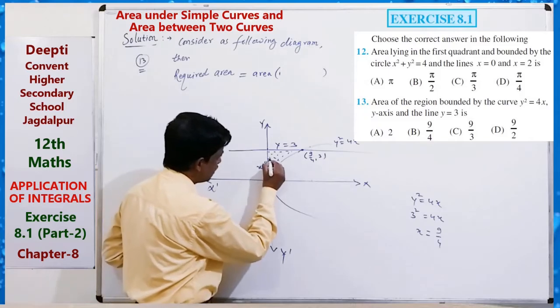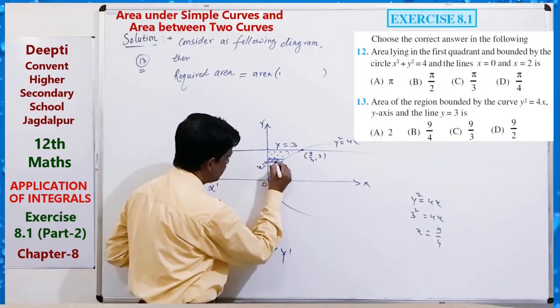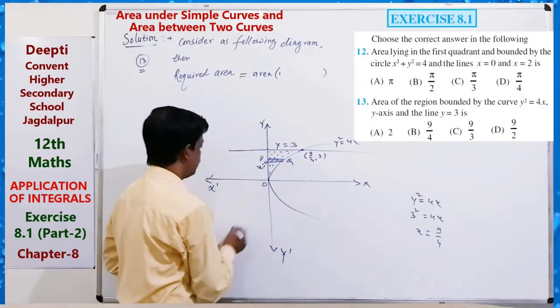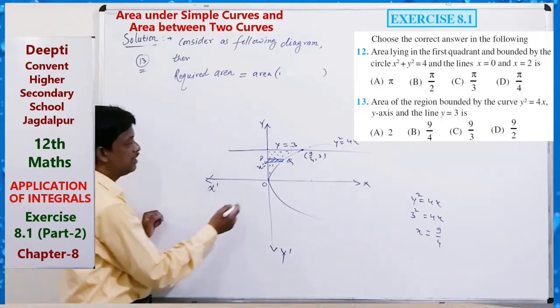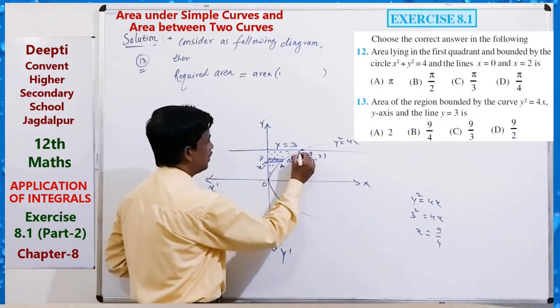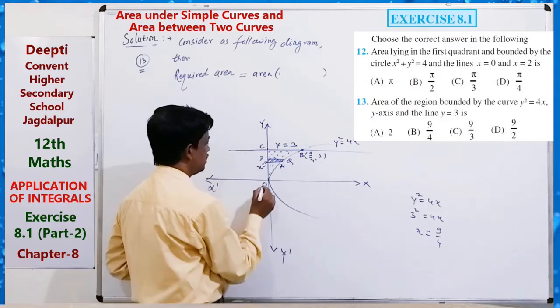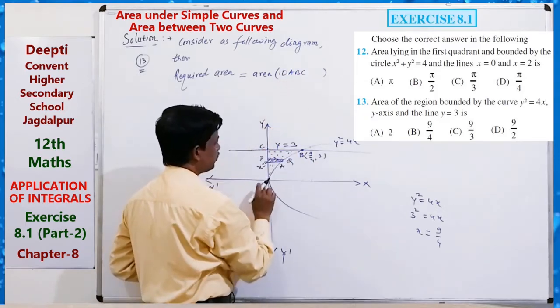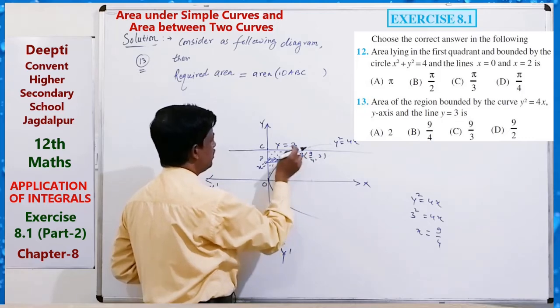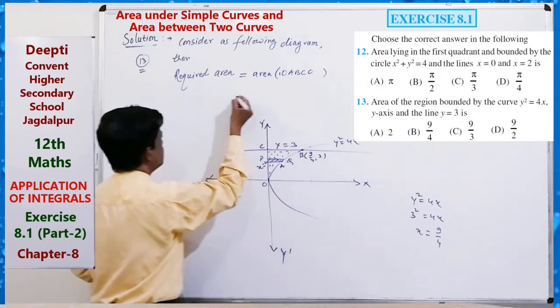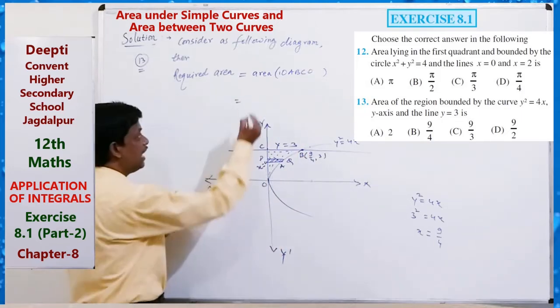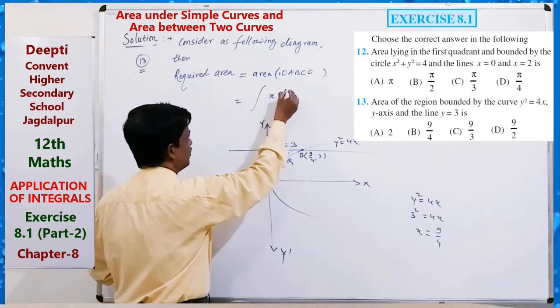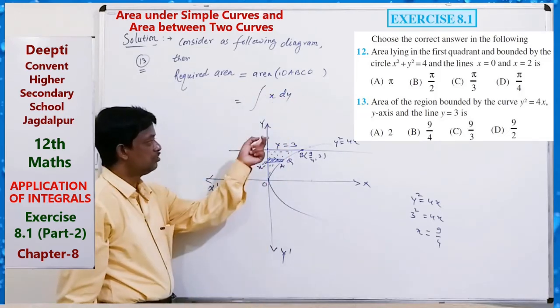So this horizontal strip can be taken PQ. So what will the formula be? Area OABCO is equal to the integral of x dy from 0 to 3.